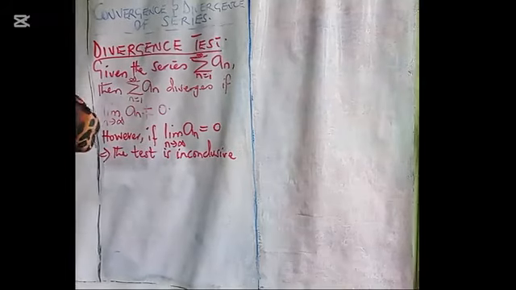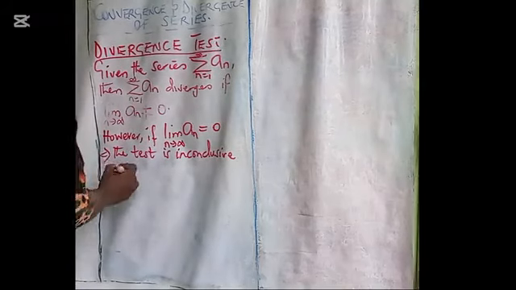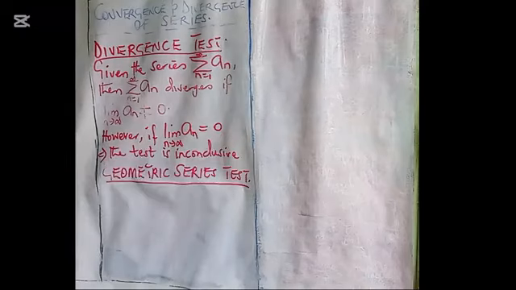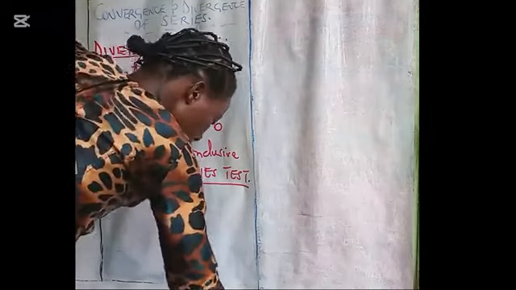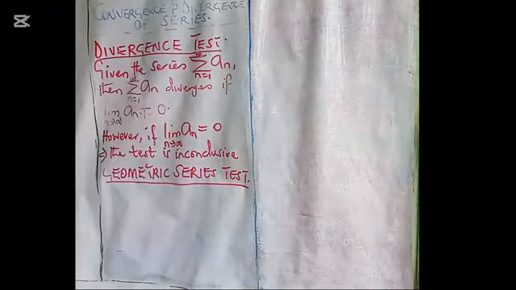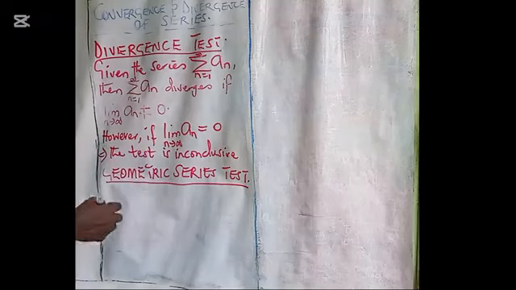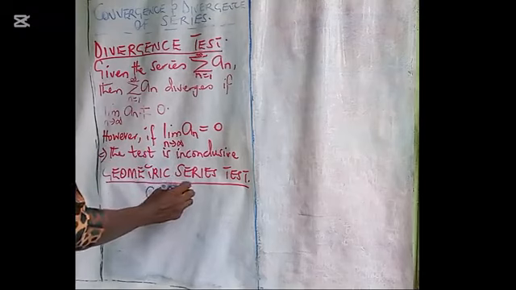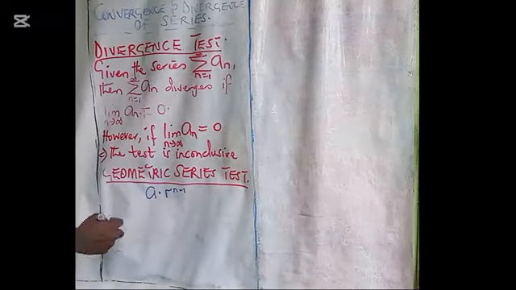The next test is the geometric series test. We are familiar with what we call the geometric series. It is a series that can be written in the form a times r raised to power n minus 1.